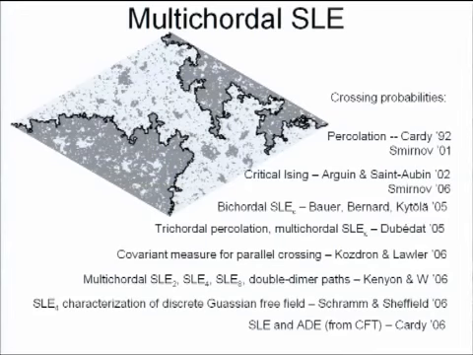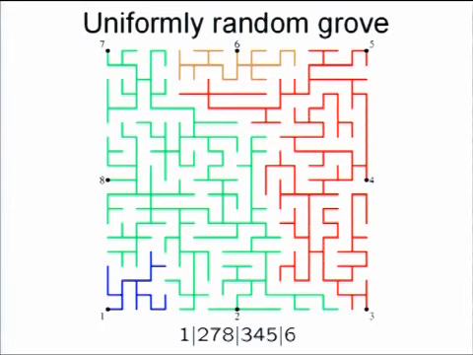And what I'm saying can be specialized to study multi-chordal SLE, which at this point there's been a lot of work on, and maybe I won't say much more about that. And I'll just return to groves.